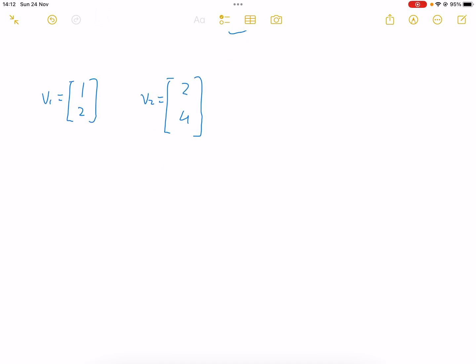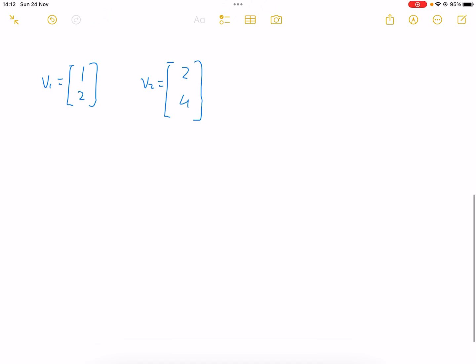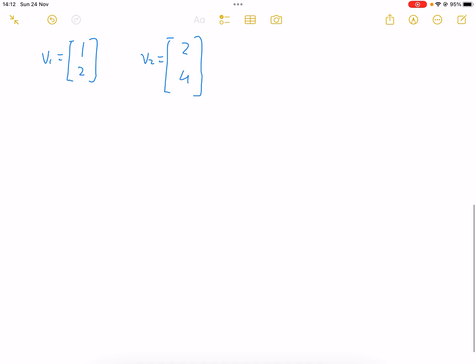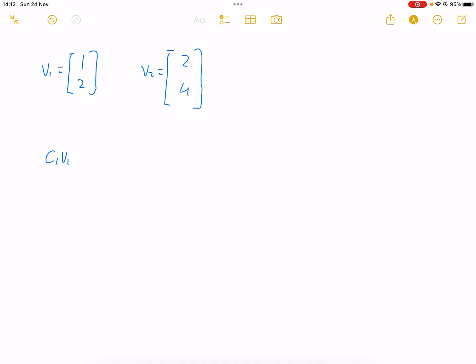To check if these vectors are linearly independent, we need to see if there's a non-trivial combination of these vectors that equals the zero vector. In other words, we ask if there exist scalars C1 and C2 such that C1 times v1 plus C2 times v2 equals (0, 0).